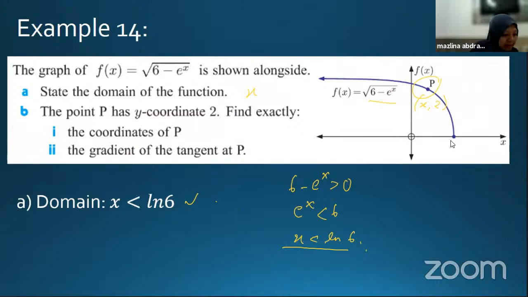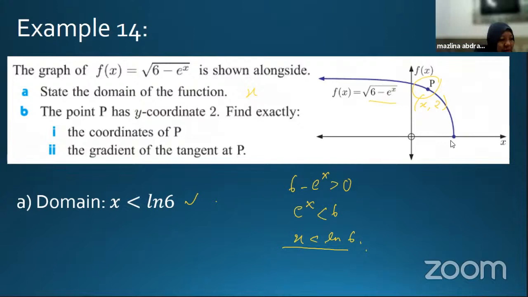Other than that, you just have to substitute. Who got ln 2 and 2? Me, teacher. Okay, a few.